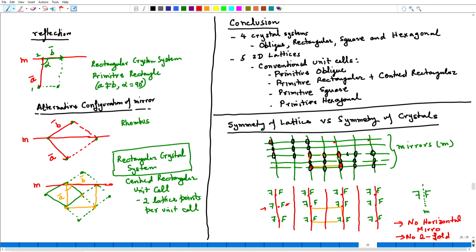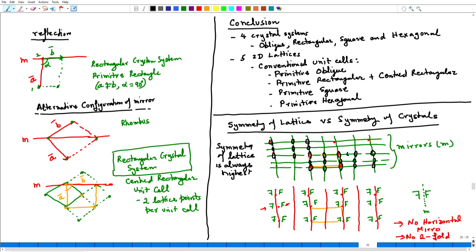So, what does this tell us about the symmetry of lattice and the symmetry of crystal? Well, the symmetry of lattice is always the highest. Another way of saying is that for a given crystal system, it will have that minimum symmetry as well as some additional symmetries, and it will always have the maximum possible symmetry that can be present in that particular crystal system in the case of a pure lattice.